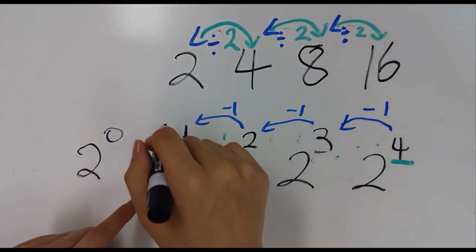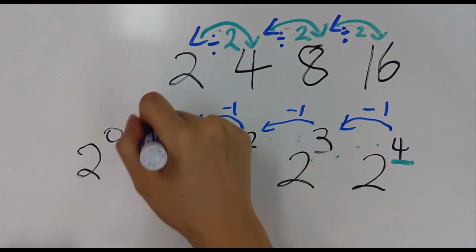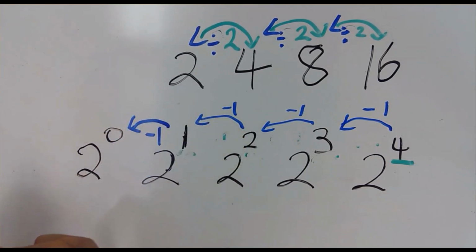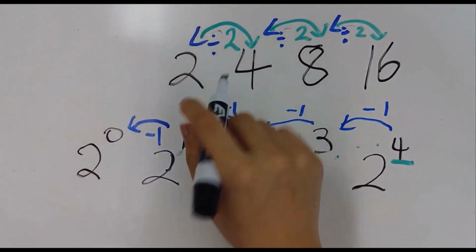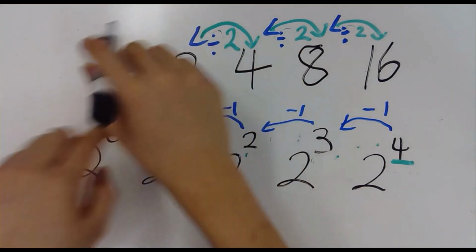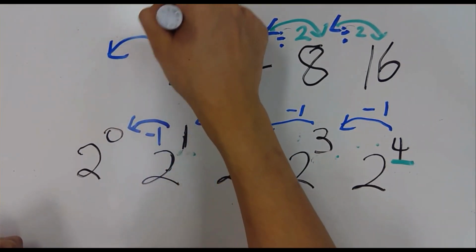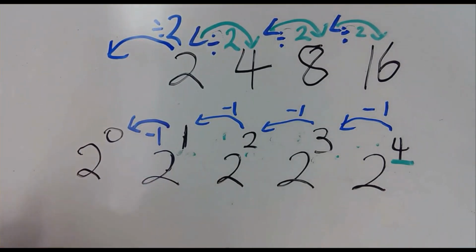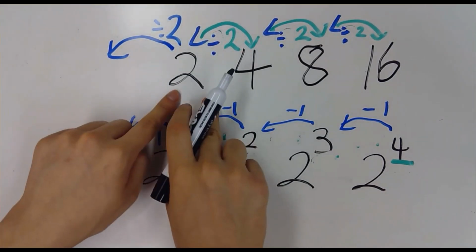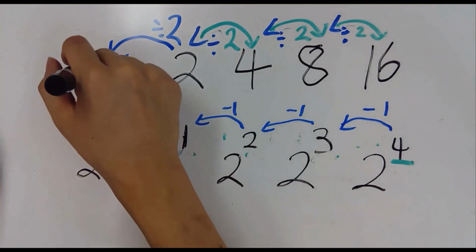So over here again, the exponent decreased by 1. So what are we going to have to do? We're going to have to divide 2 by another 2, which is 2 divided by 2, which is simply equal to 1.